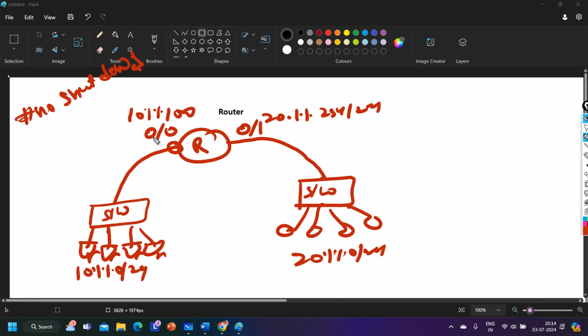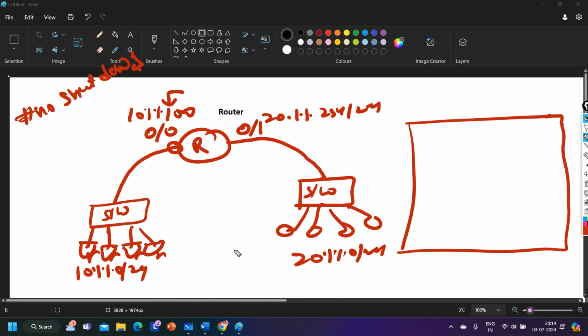See, once you configure an IP on a router interface, the router is going to maintain that address in its table. Which table? The routing table. Once I configure this IP address on the interface, the router starts maintaining a table called the routing table, and it will make one entry in it: that on my 0/0 interface, someone has configured this IP address. That means I am a part of the 10.1.1.0/24 network.